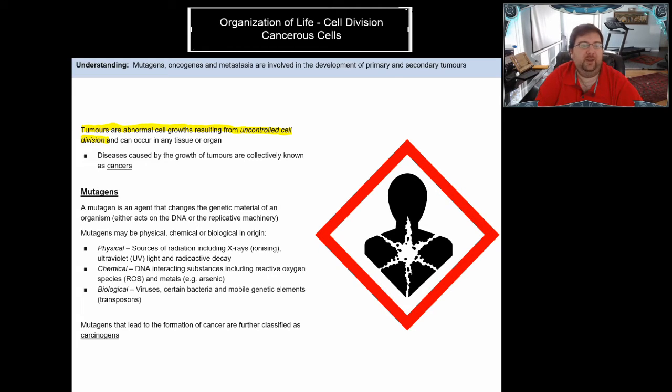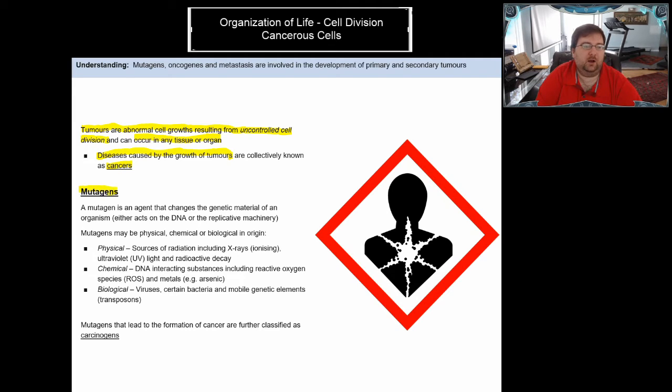And these can happen basically in any tissue or organ. Some of these tumors cause disease. Diseases that are caused by the growth of tumors, that's what we call a cancer. And there are many things that can cause the growth of tumors which lead to cancers.